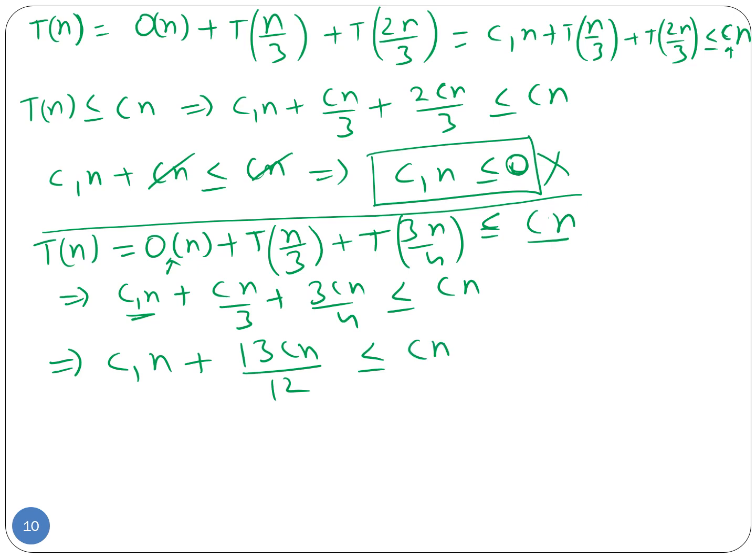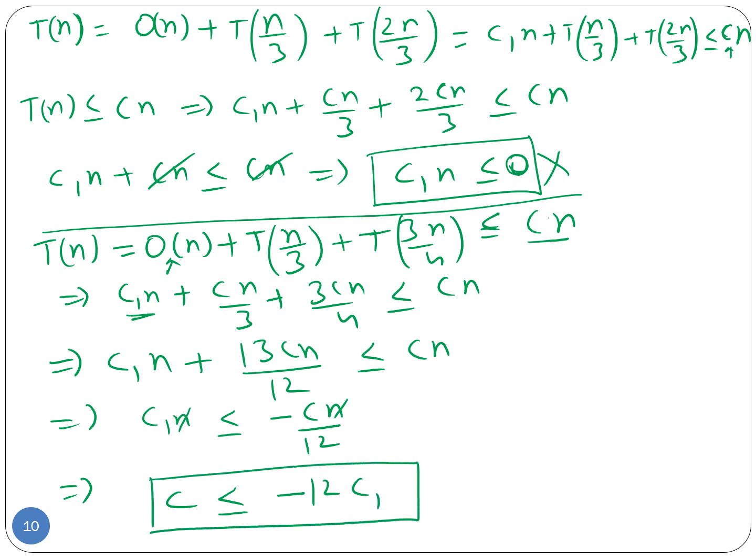If you take this to the other side, you'll find that c1n should be less than or equal to minus cn by 12. So this n and this n cancel out, which implies that c should be less than or equal to minus 12 times c1. Now notice that this is a negative value, so there is no such positive value of c for which this inequality holds, and hence this recurrence is not linear.